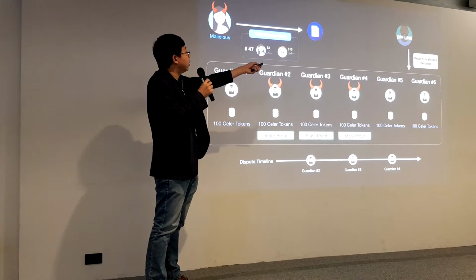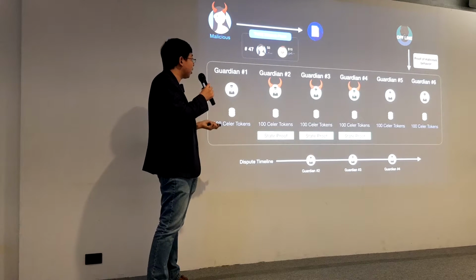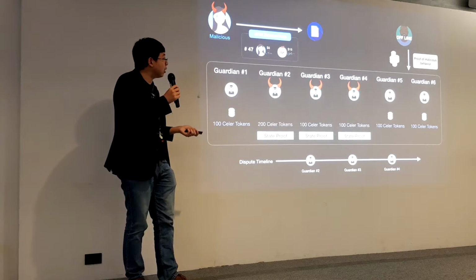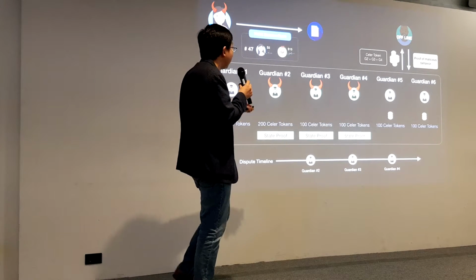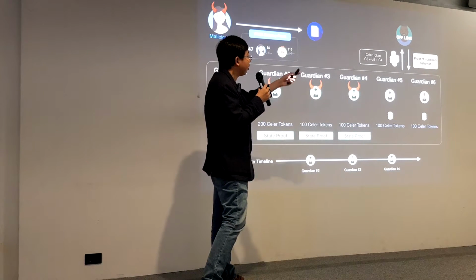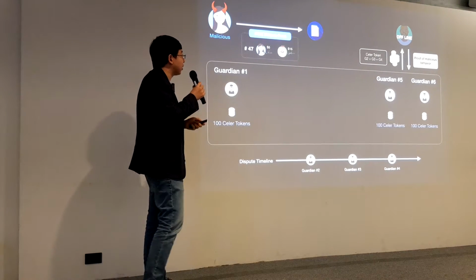So Bob can submit a proof of malicious behavior to the state guardian network, and let the entire tokens staked on behalf of him be compensated to himself. So all these state guardians will be kicked out of the network.